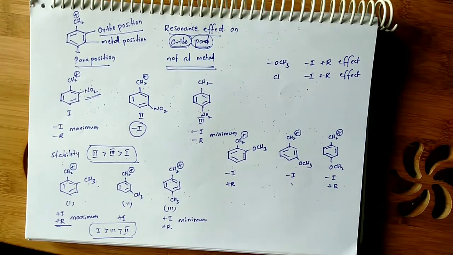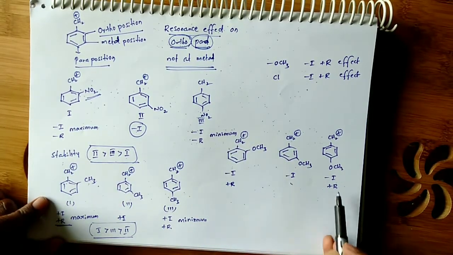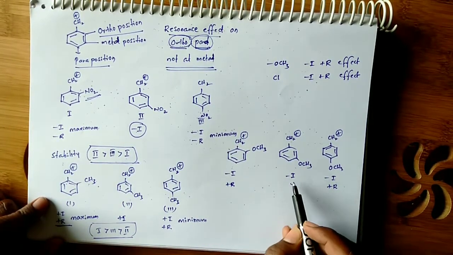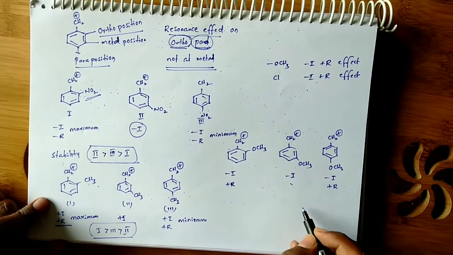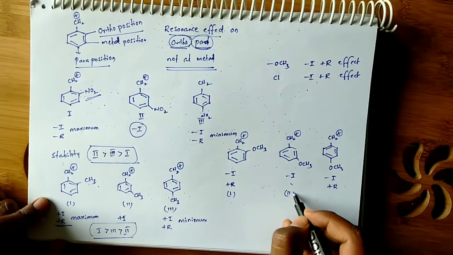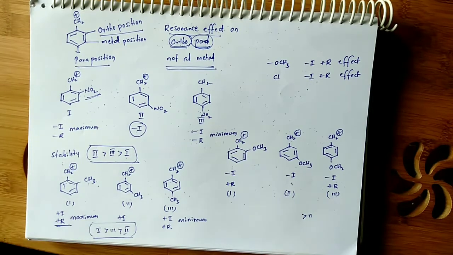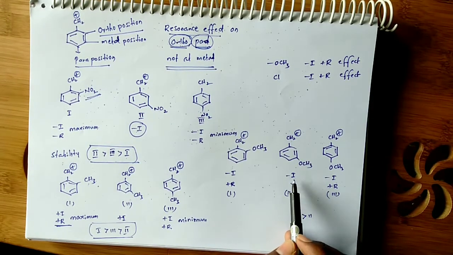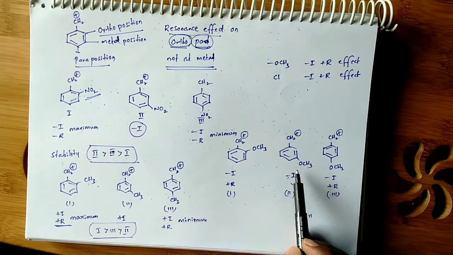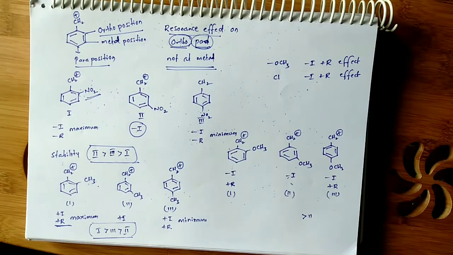Minus I means withdrawing electrons, plus R means donating electrons. So compared to these two, this is least stable because there is no donation at all. Assume this is species 1, this is species 2, and this is 3. The second one is least stable as it does not donate electrons to nullify the charge.